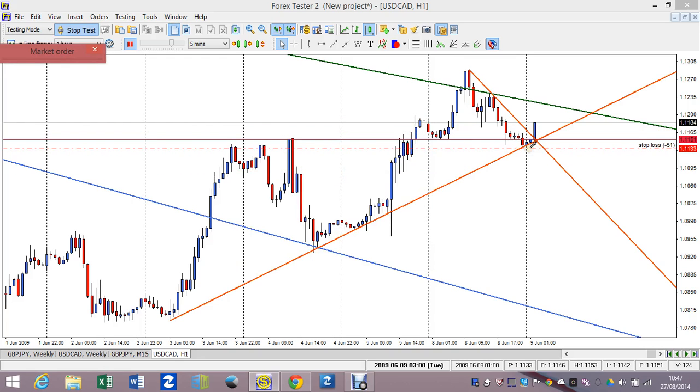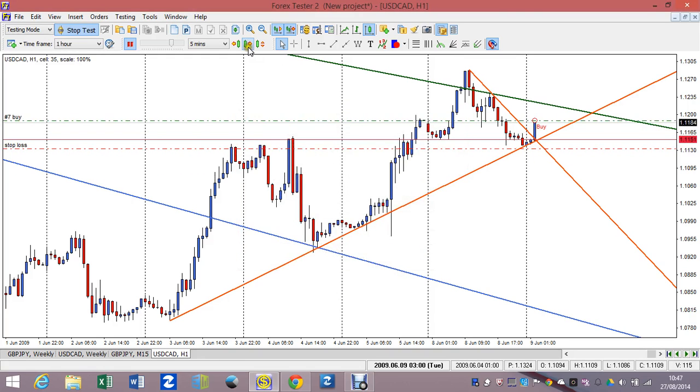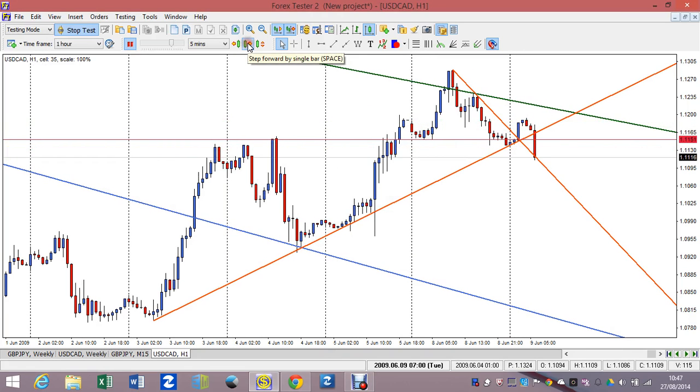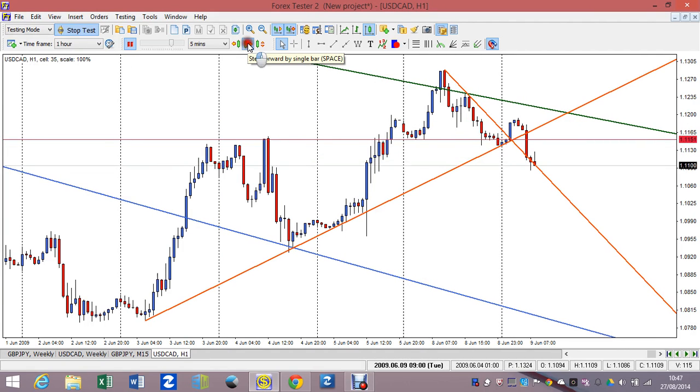I'll stop below the swing. Come on. Never mind.